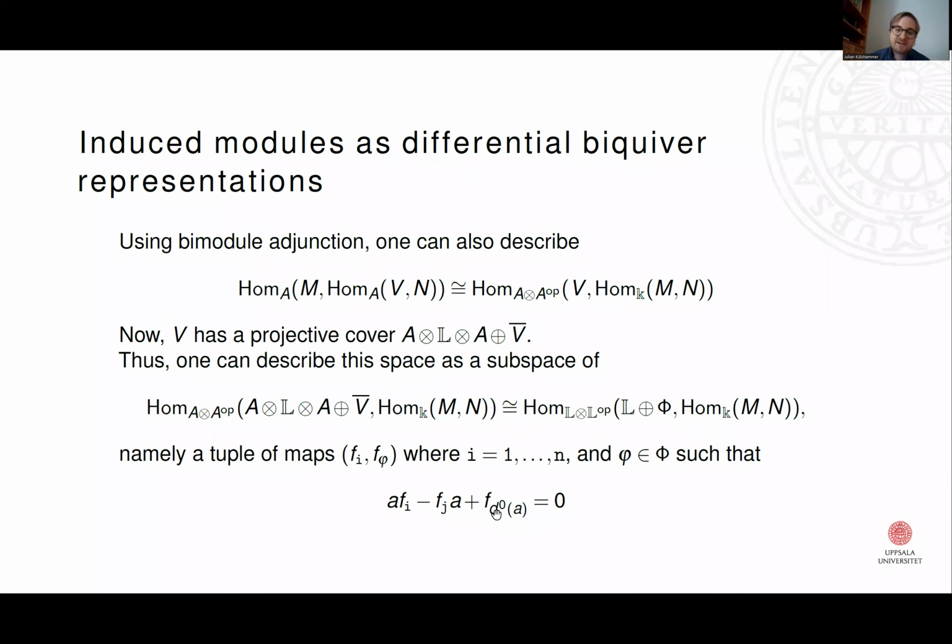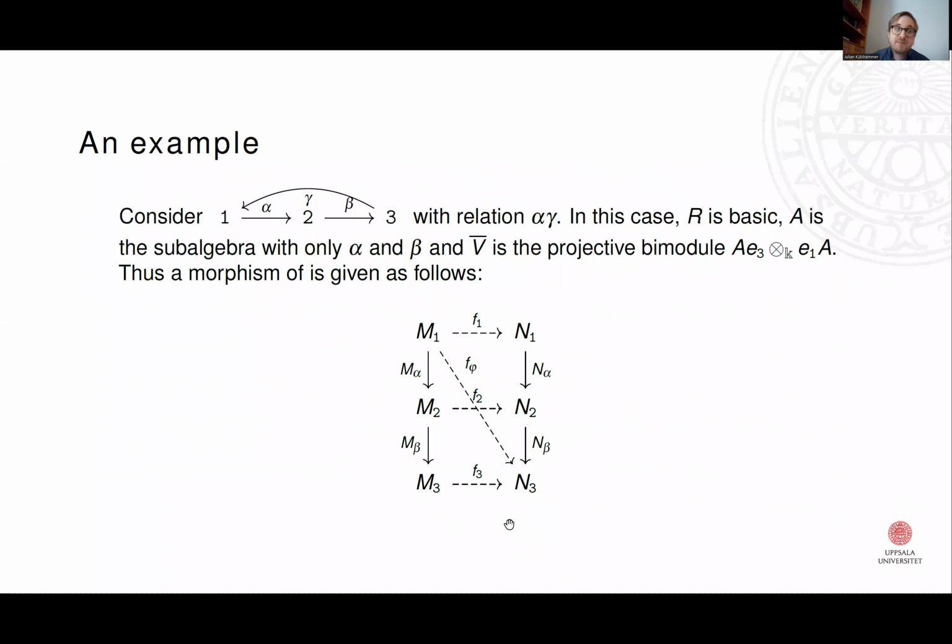Okay, but it can be slightly twisted by this term d0 of A. Here in this example, actually, the example is chosen in such a way that d0 is equal to 0. So what are the commutation relations this morphism should satisfy? The commutation relations are just that the small squares both commute. And there's no condition on F phi. It's just an arbitrary other morphism that you're also allowed to do.